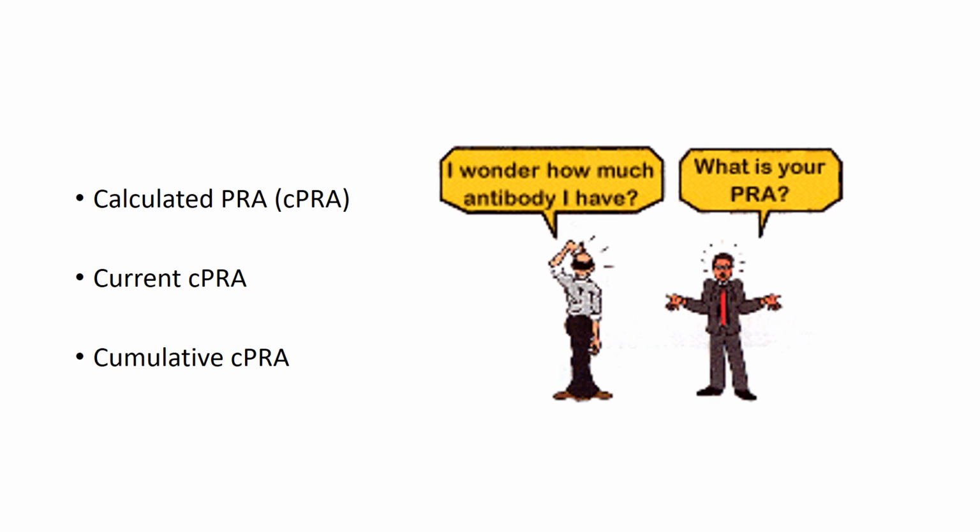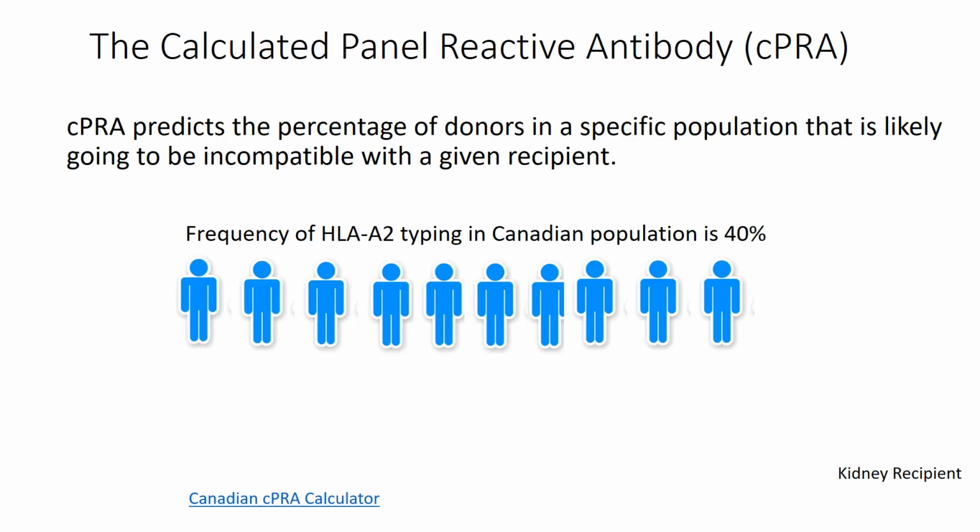So in the next few slides, I will explain the difference between calculated PRA, current PRA, and cumulative PRA. So I will start with the calculated panel reactive antibody, or CPRA.